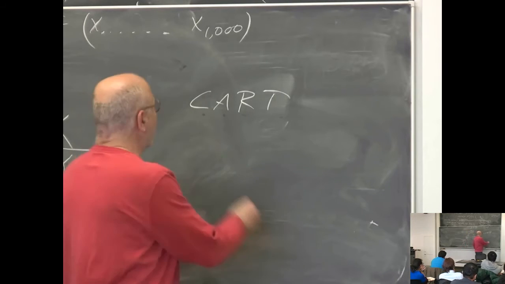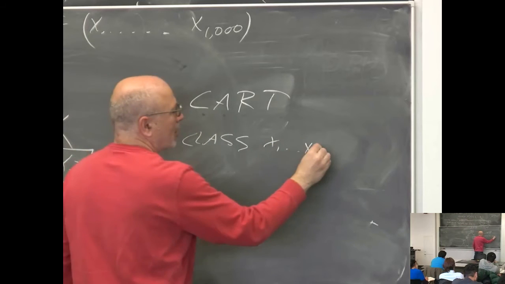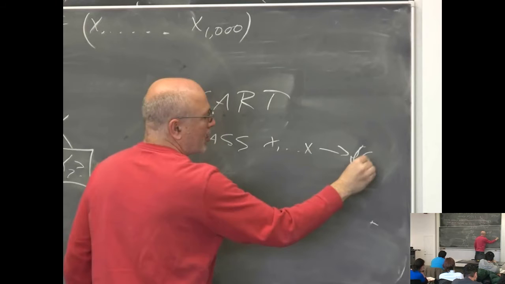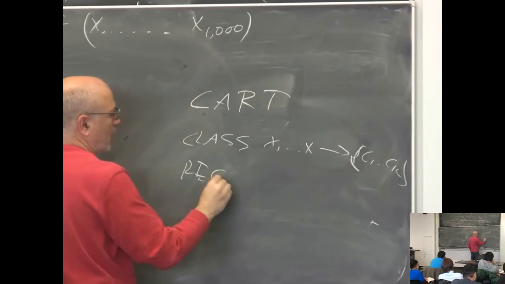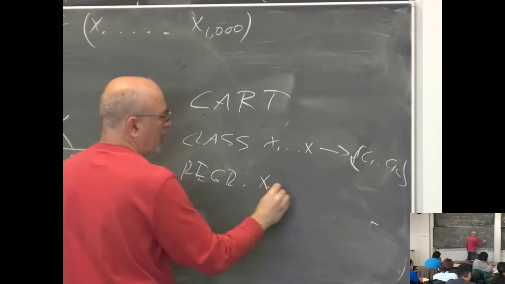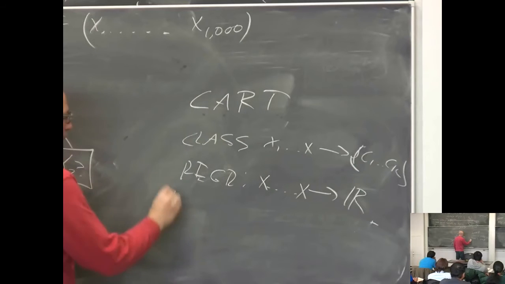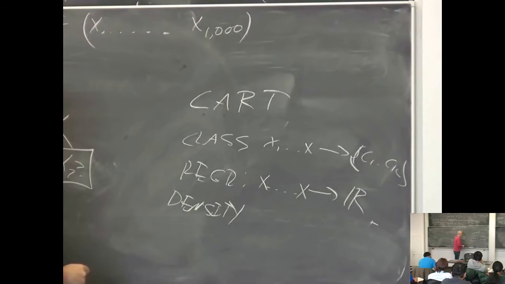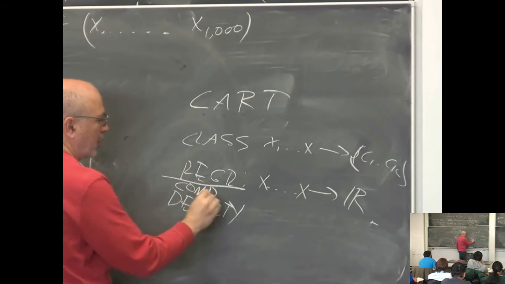Right? Classification is mapping the x's to categories, C1 through CK. Regression is mapping the inputs to a real number. And density estimation, in fact, what they did was not regular density estimation, but conditional density estimation.